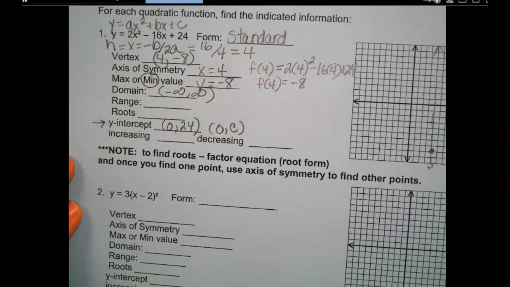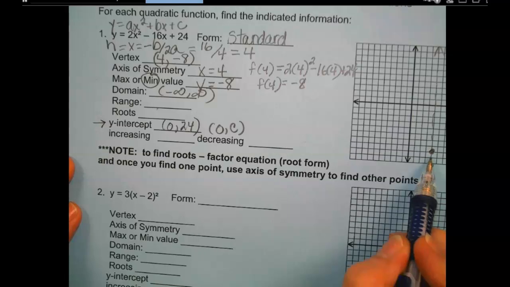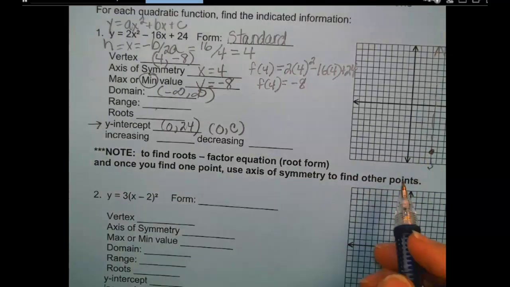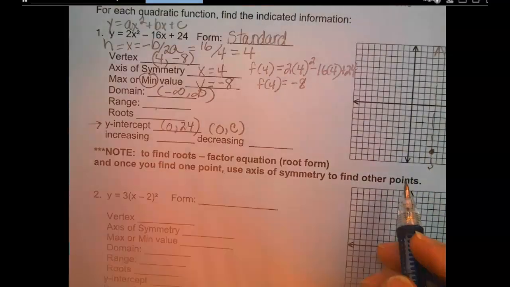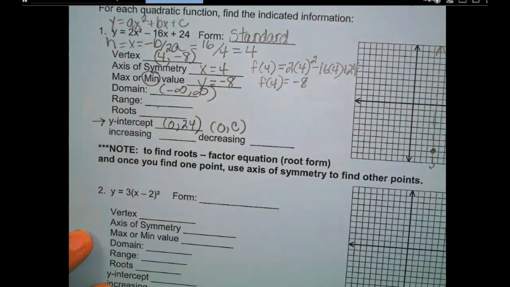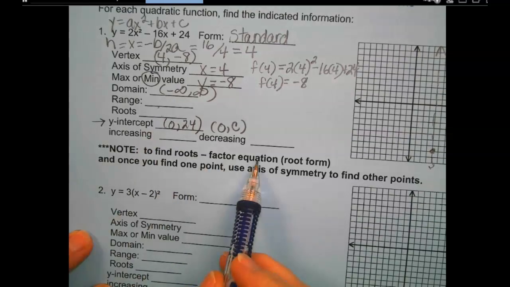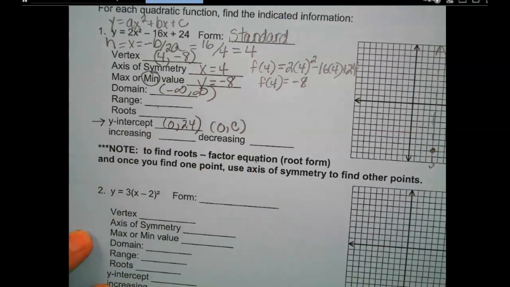That's right every time. Okay, so we're going to come back to the range, but I know the range is going to be bottom to top, right? Because the vertex is at the bottom, but we'll come back to that. I want to fill in the roots so we can draw it and see what it looks like. So for the roots, it says to find the roots, you're going to have to factor the standard equation.